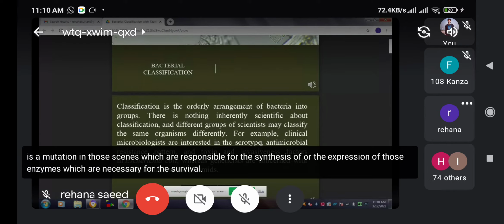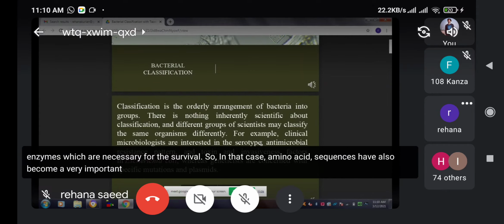So in that case, amino acid sequences have also become a very important tool in identification.